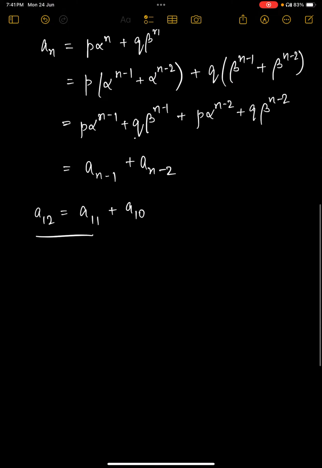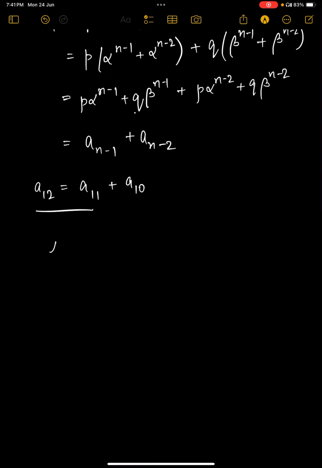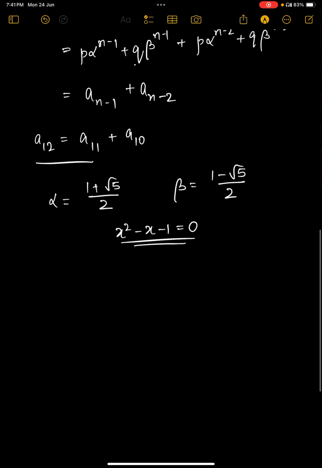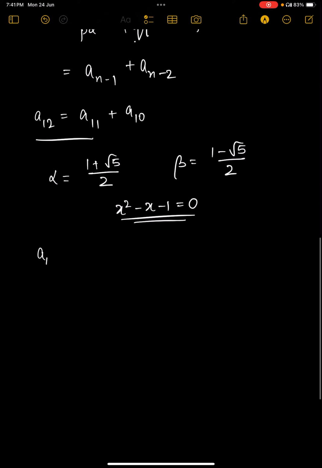Now, going forward, we see that alpha is equal to 1 plus root 5 whole divided by 2 and beta is equal to 1 minus root 5 whole divided by 2. This is very clear to us from our practice that this will be the answer when we have an equation of this form. Now we are asked that a subscript 4 is equal to 28, then we have to find the value of p plus 2q.